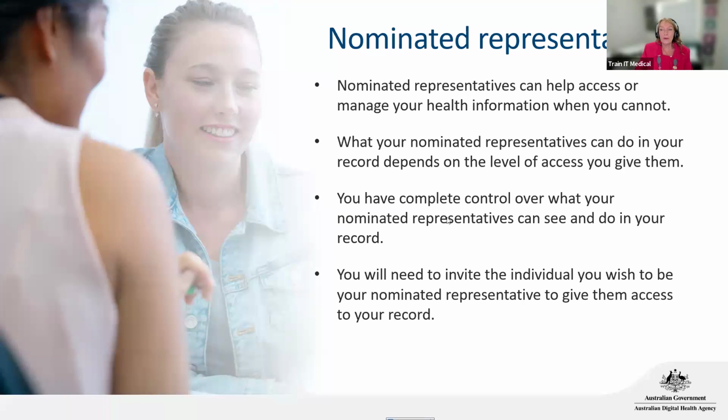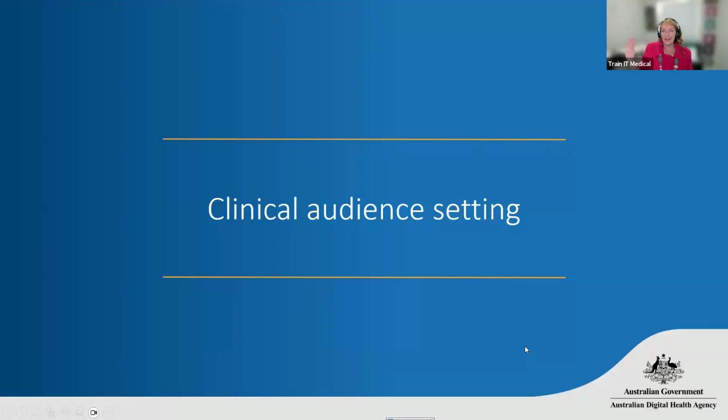Okay, so nominated representatives, we help access that health information for people when they can't. And again, a person can give levels of control. So I remember one of my sons, as he got older, we changed the level of access. And then it was like no access, no mothers involved.